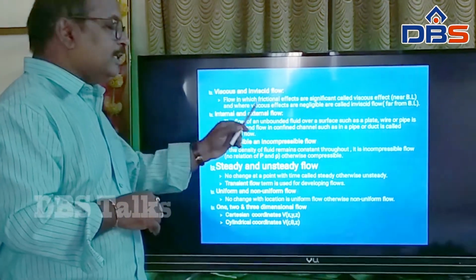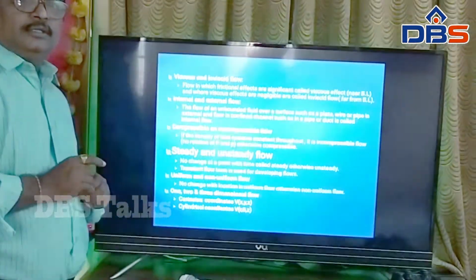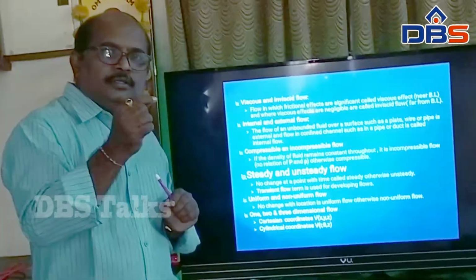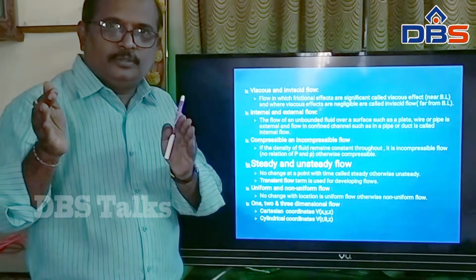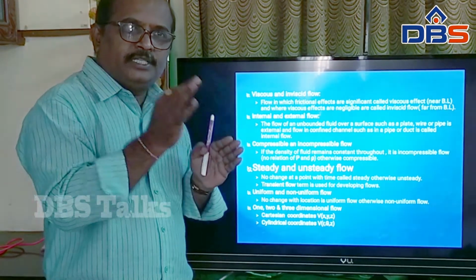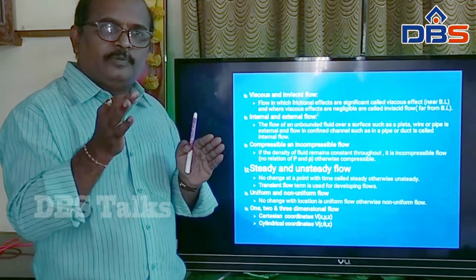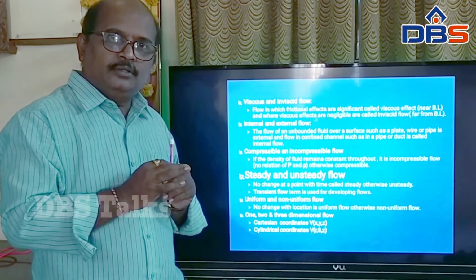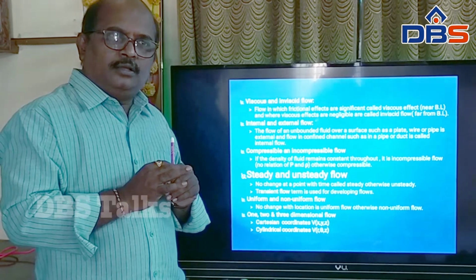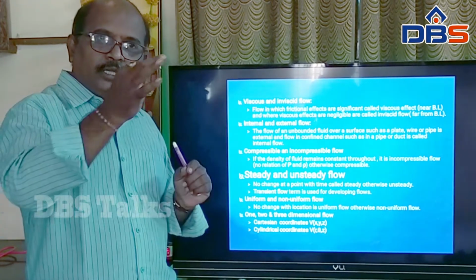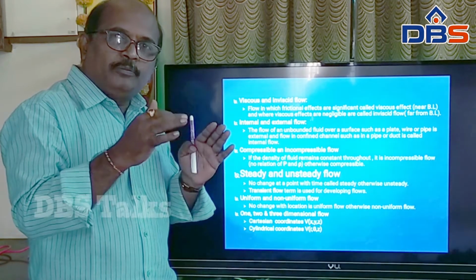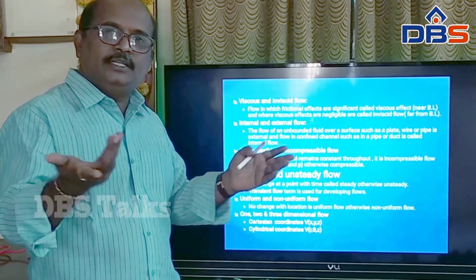Coming to the steady flow and unsteady flow, steady flow means at any particular point, irrespective of time, the velocity and other properties are not changing. Unsteady flow means at any given fixed point, if the properties are changing with respect to time, it is an unsteady flow.